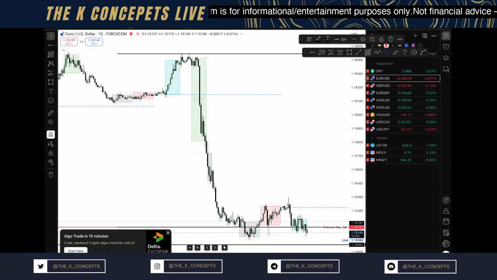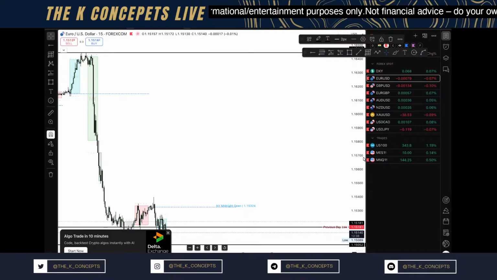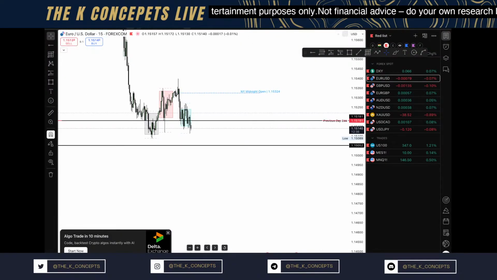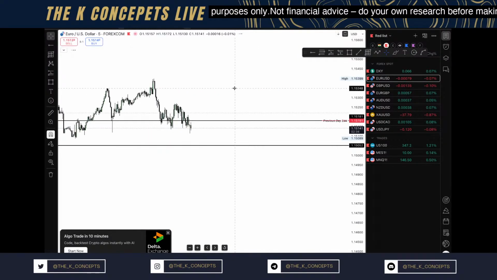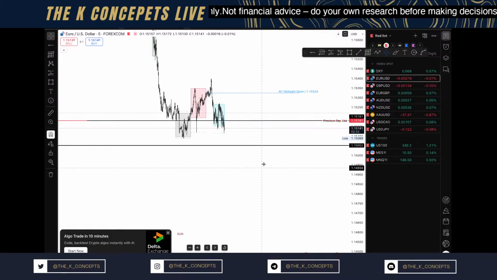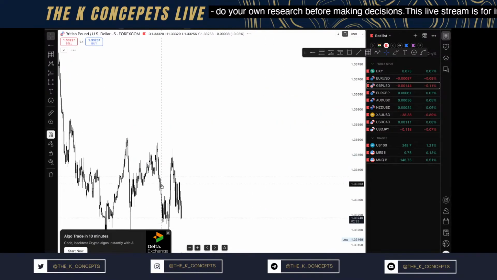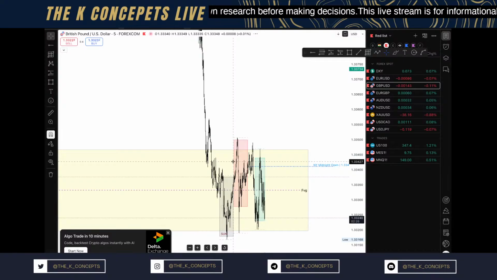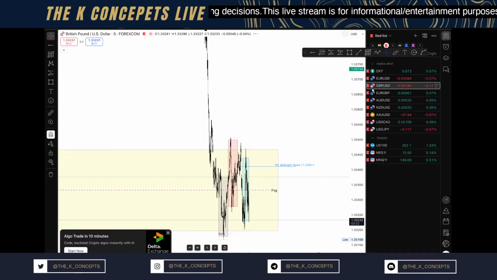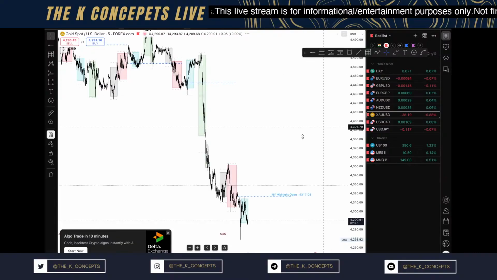Let's wait for the price. If at all we get any good confirmations, we'll give it a try. After taking this liquidity, we're going to look for longs. Those are the key levels. After that liquidity, we might get a reversal or a continuation. Same with the GBP.